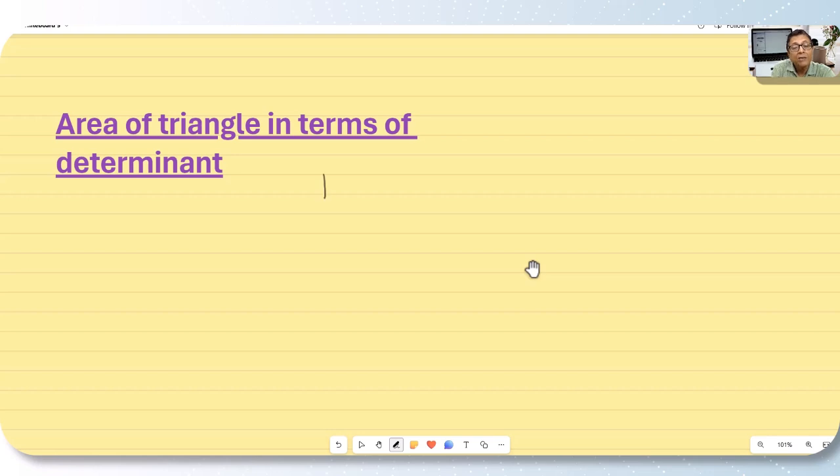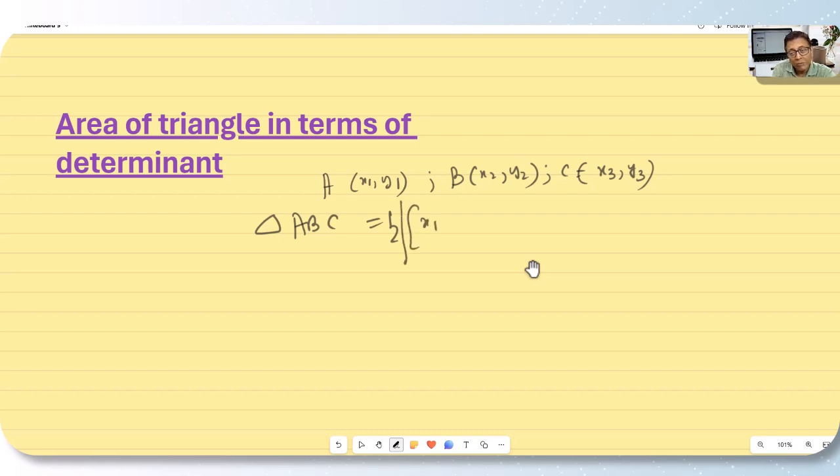If we take 3 vertices as x1, y1, as we did in class 11, area of triangle ABC is half mod of x3 multiplied by y1 minus y2.